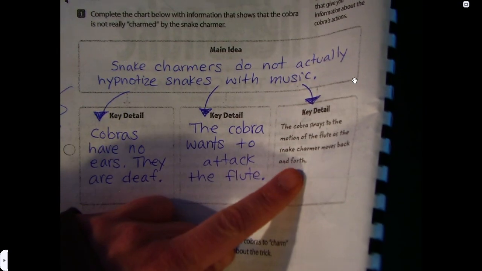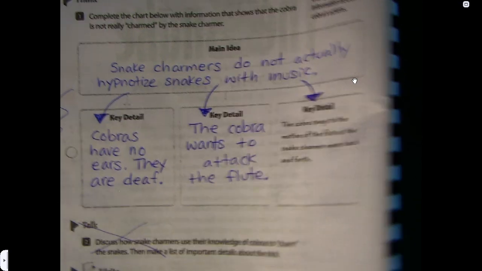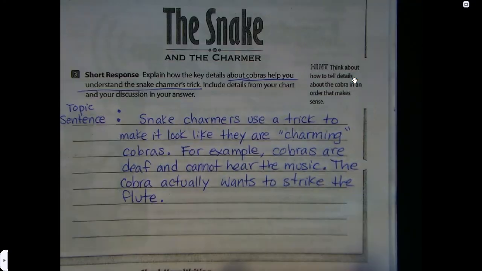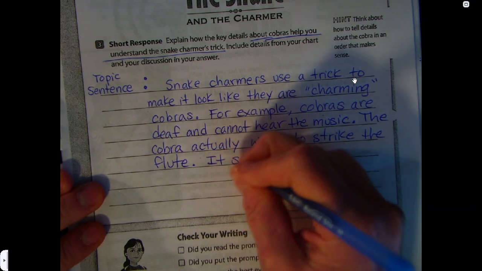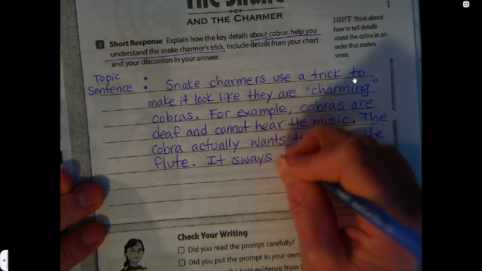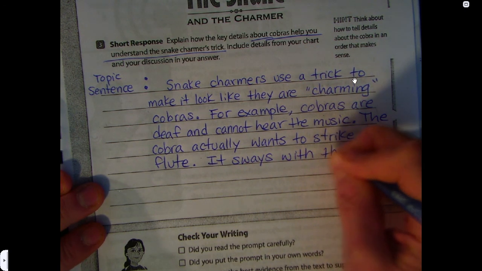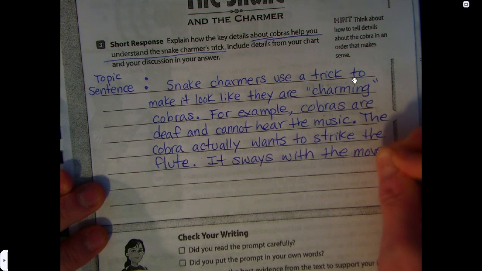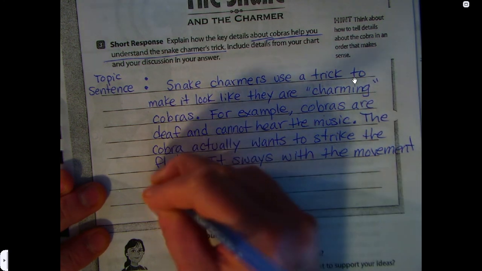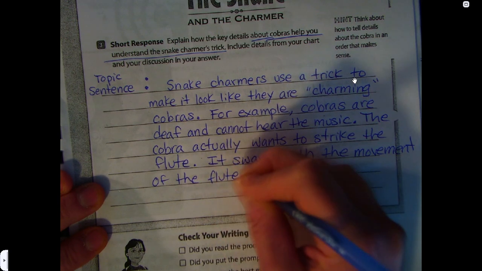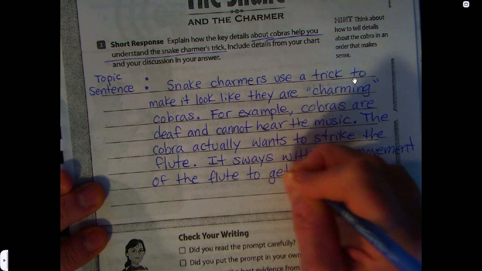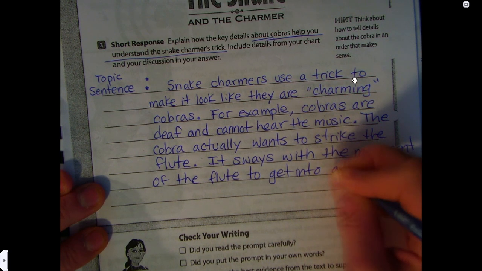And then this third one talks about the swaying. Why is it swaying? Because it's getting in position, right? It sways with the movement or motion of the flute to get into attack position.